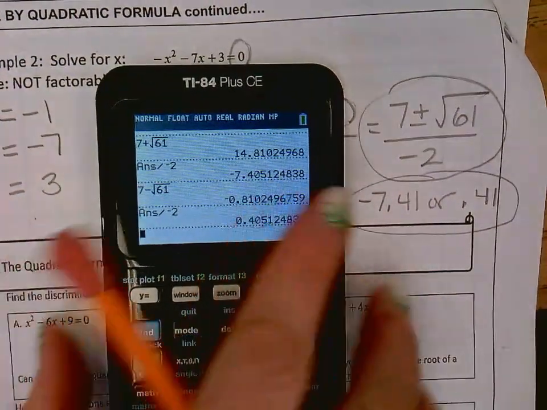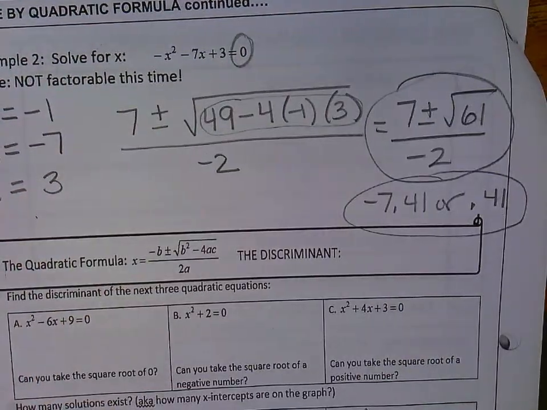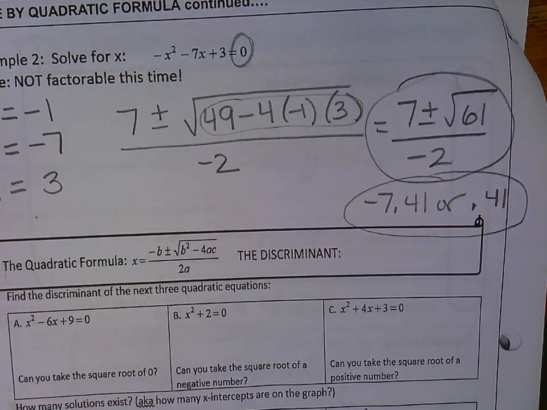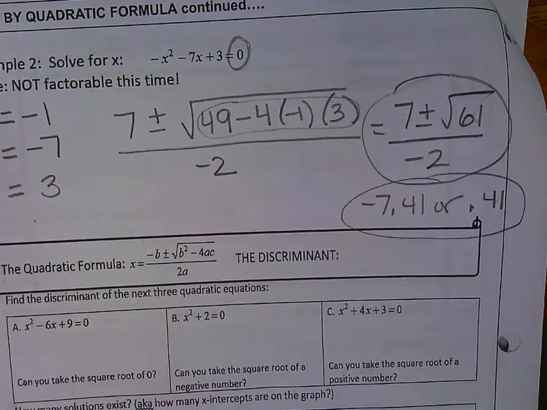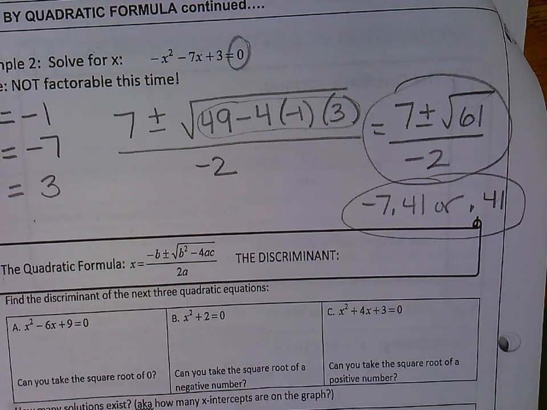So if you want to find the decimal equivalent because you're graphing it, or you have to figure out how many shirts the person bought to maximize their profit, or where did the ball hit the ground after how many seconds? Otherwise, this is reduced radical form because it's a square root of 61 with that fraction. Okay, so that's the quadratic formula.